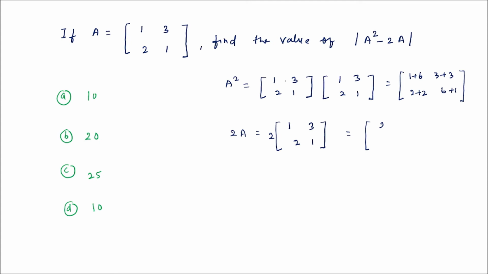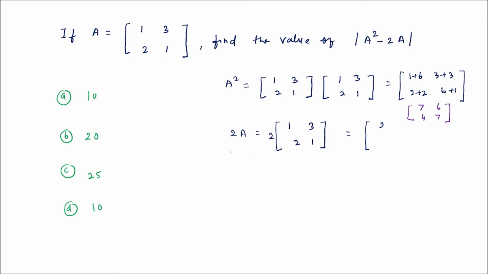Multiply the corresponding elements of the first row and first column and add. 1 into 1, 1, plus 3 into 2, 6, so 7, and 1 into 3, 3, plus 3 into 1, 3, so 6. Then 2 into 1 plus 2, 4, and 2 into 3 plus 1 into 1, 7. So this is equal to 7, 6, 4, 7.